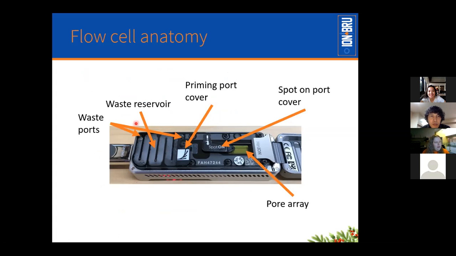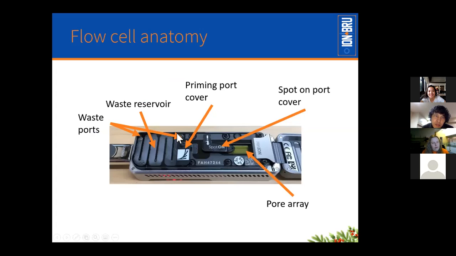We also have a waste reservoir here. So basically, you've got your port here, and then there are channels going up this way, across this way, through the array, up that way, and then back that way towards the waste port. So as you put in fluid here, the fluid is running around here, that way, and into the waste port.